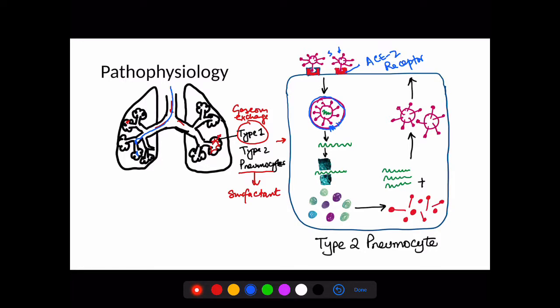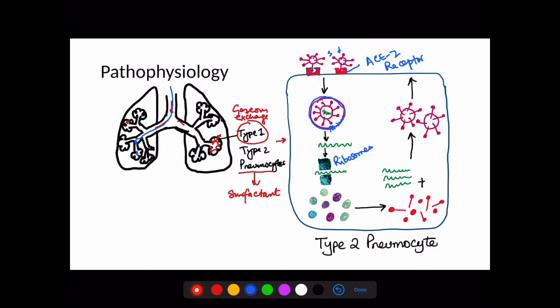You all know that the coronavirus is a single-stranded RNA virus, and it releases its RNA. Here you can see the single-strand RNA. Now this single-strand RNA is then taken up by the ribosomes of the type 2 pneumocytes.